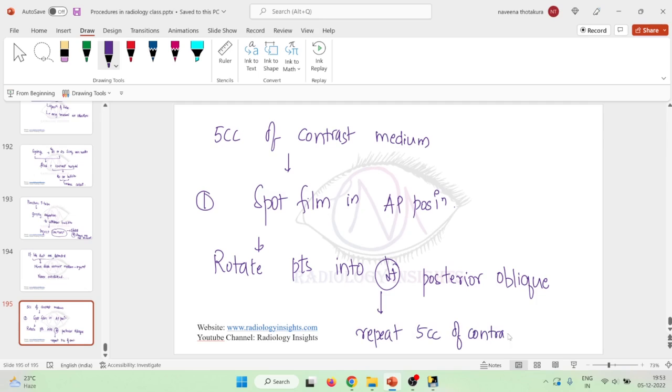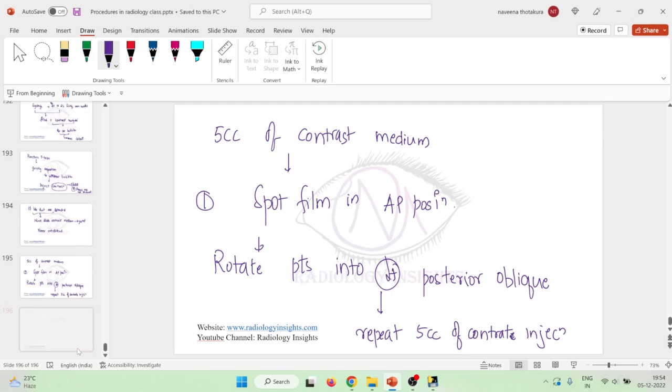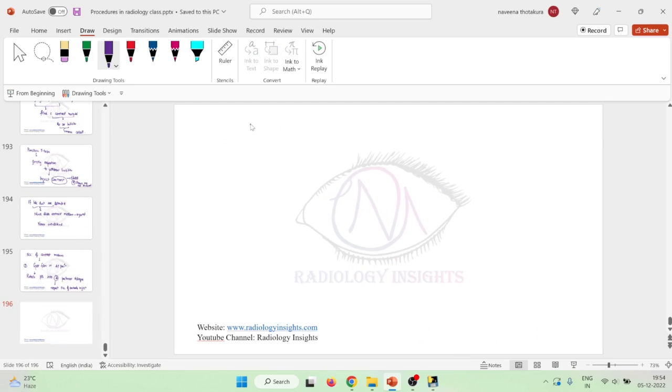Okay, this is one. Next, you will have to again place the patient in right posterior oblique.